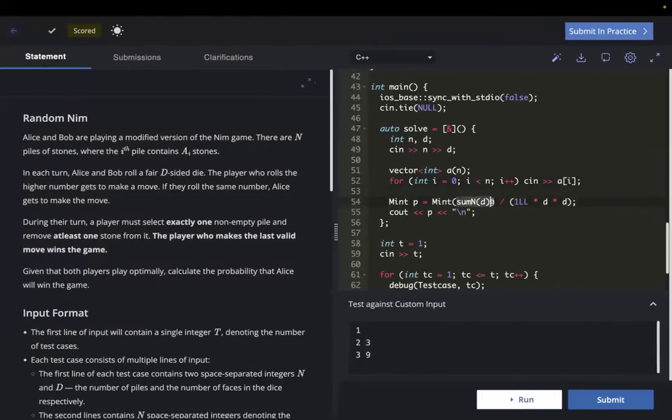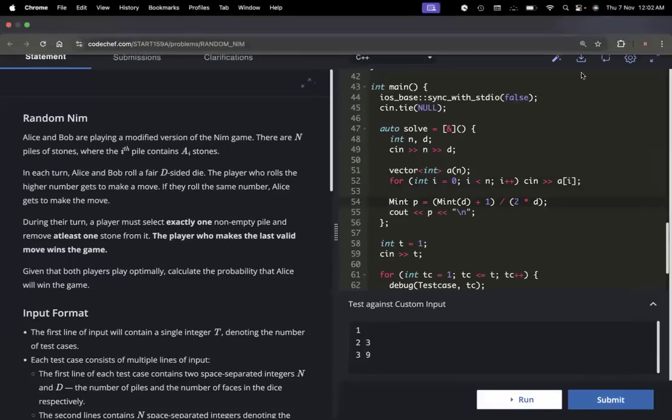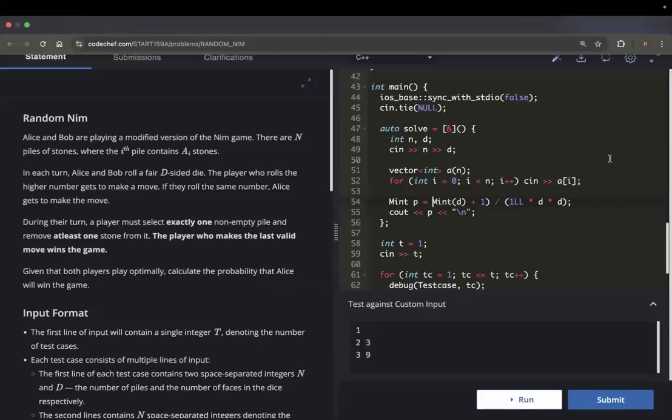So it could have been written as d plus 1 divided by 2 into d. Okay, I can't submit it right now. Anyways, this expression will work.